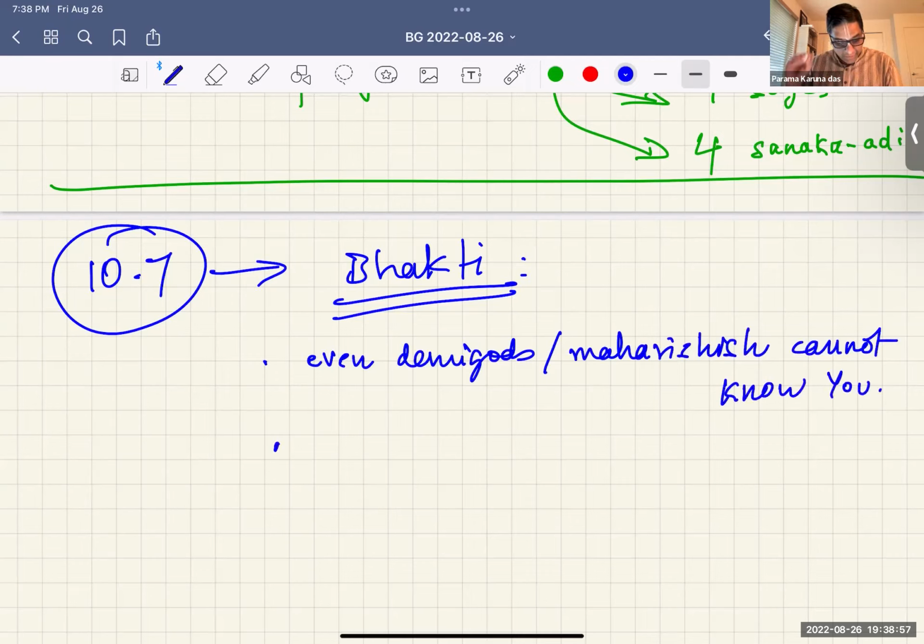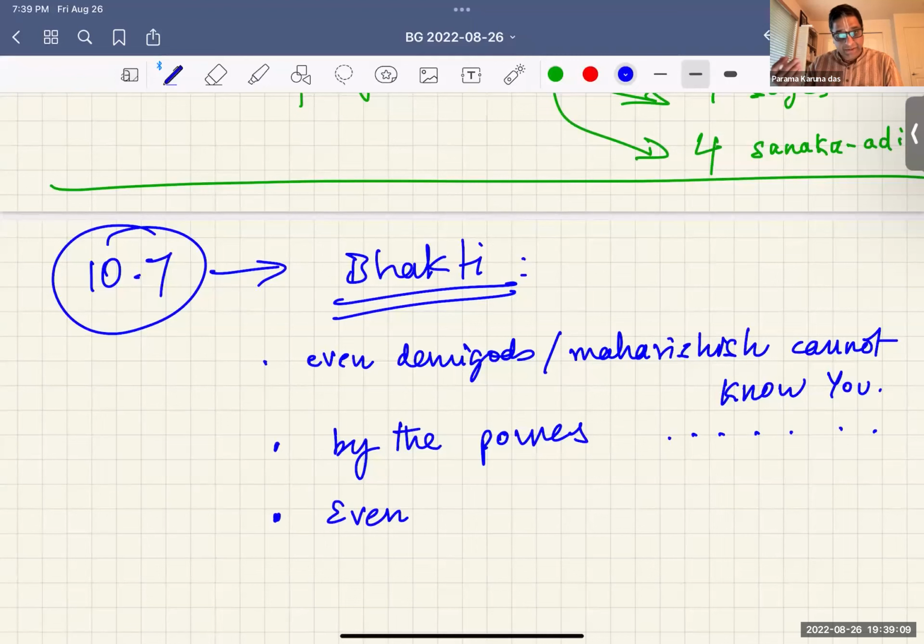fully, I mean, right? By the powers given, cannot know you. Even Brahmaji cannot know you, because here we are saying that Brahmaji comes from Krishna. So Brahmaji is the effect and Krishna is the cause. So even Brahmaji cannot know you fully.